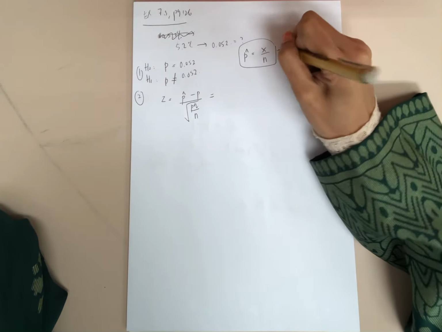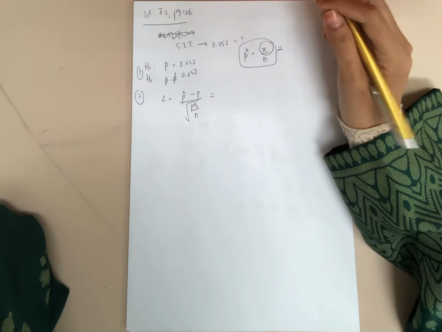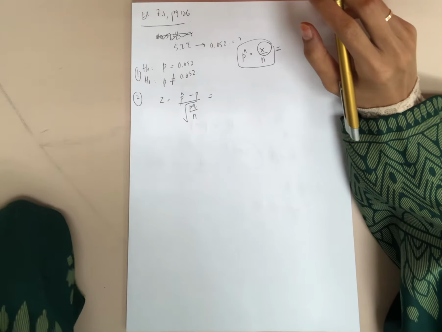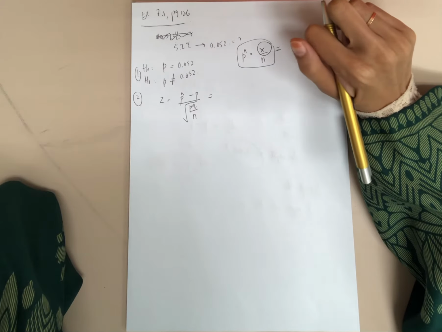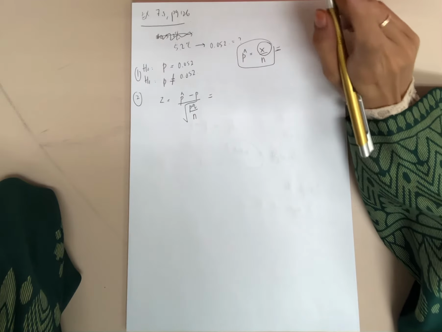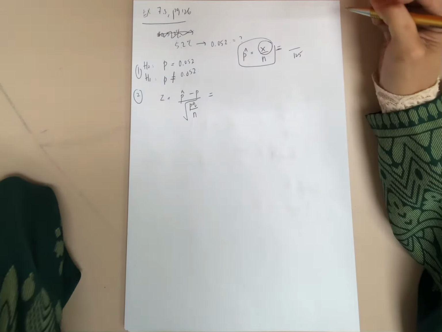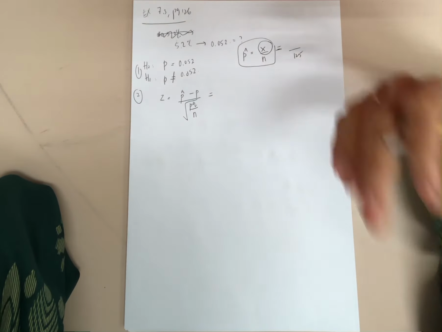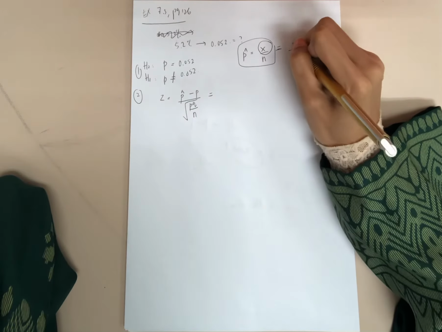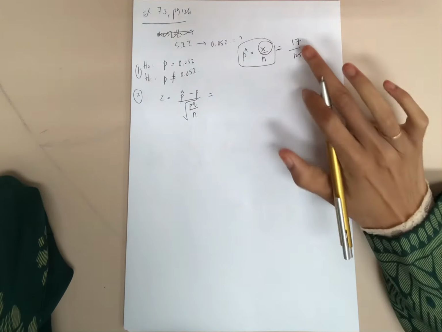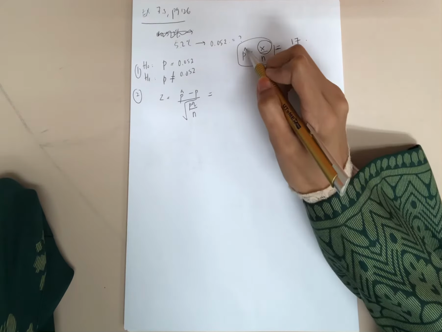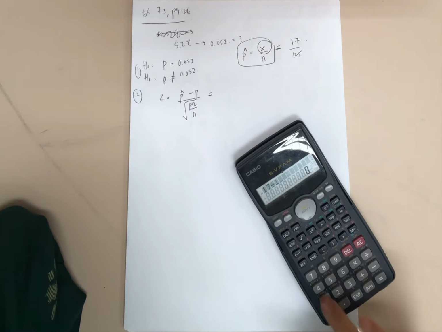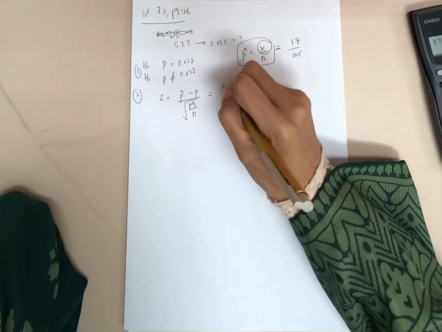So what is your X? Class, what is your X? Remember, we are focusing on technical problem. If you read back your question, a random sample of 125, this is your N, was selected and 17 of them are considered defective. Defective means they have a problem, so your X here is 17. So P head is 17 over 125, which is 0.136.